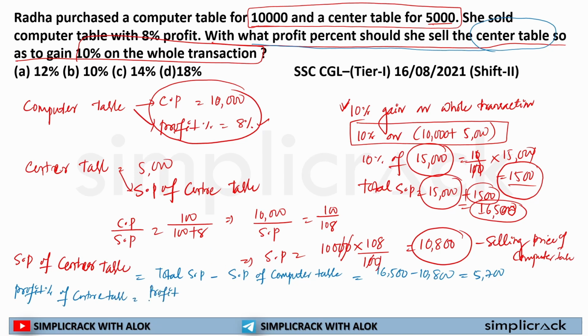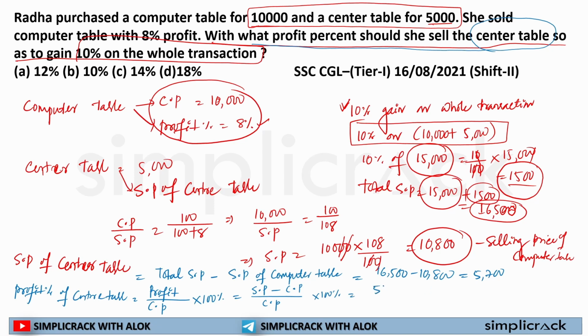Profit of center table divided by cost price of center table multiplied by 100%. Profit percent of center table is sales price of center table minus cost price of center table divided by cost price of center table into 100%.